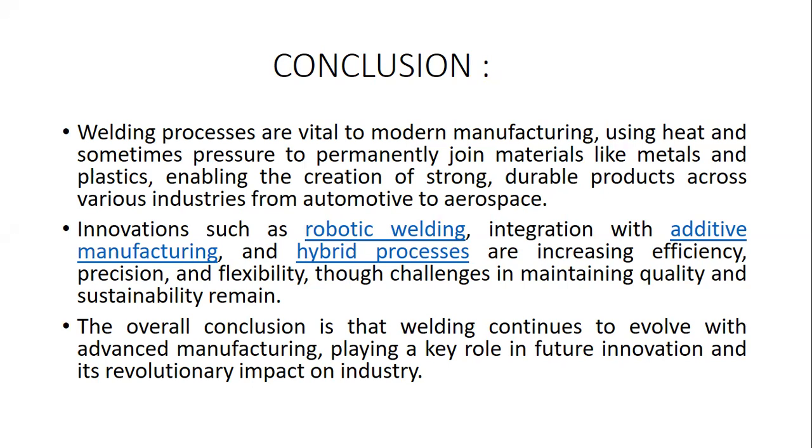Along with that, today's manufacturing industry uses robotic welding, a modern innovation instead of a human welder, with further integration of additive manufacturing and hybrid processes. These help to increase efficiency with precision and accuracy while maintaining quality and sustainability.